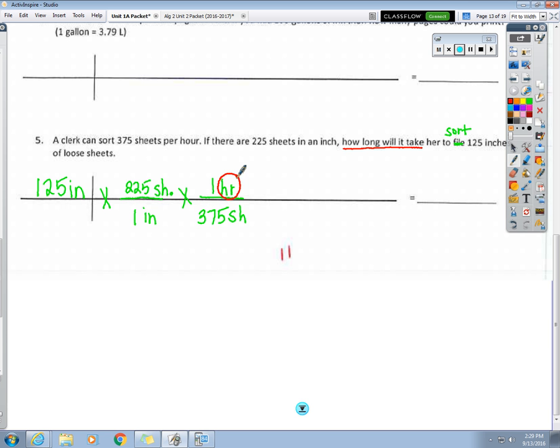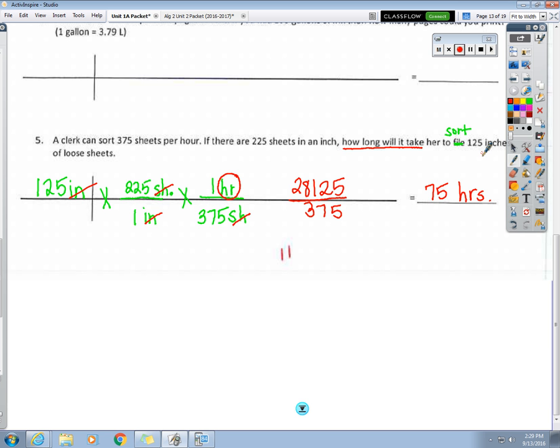Okay, so we're where we want to be. So we cross out inches with inches, sheets with sheets. The numerator ends up being 125 times 225 times 1, and the denominator ends up being 1 times 375, which is 375. And so how many hours is it going to take her? 75 hours.